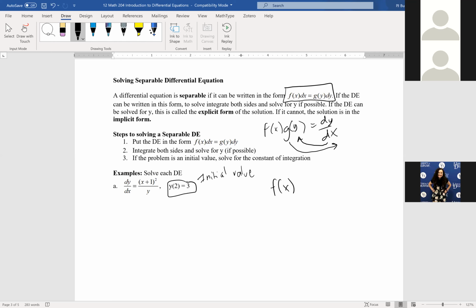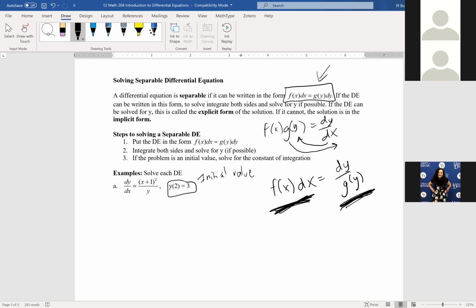Now, granted, they write the function times g of y, but typically it would be f of x dx equals dy over g of y. And it just looks better if you write it this way. So instead of calling it g of y, we could have called it something else, and then we could write it as a multiplication. The point being, one side of the equation has all x, the other side of the equation has all y.